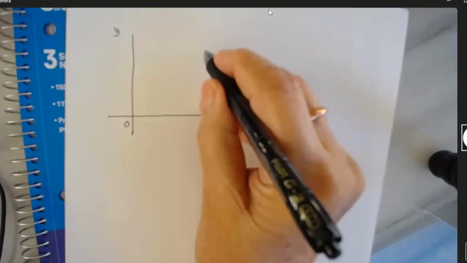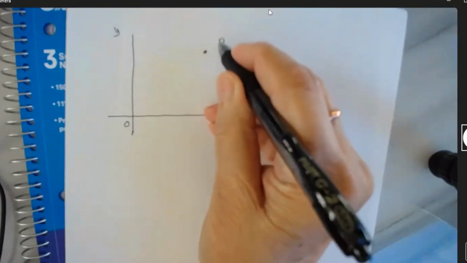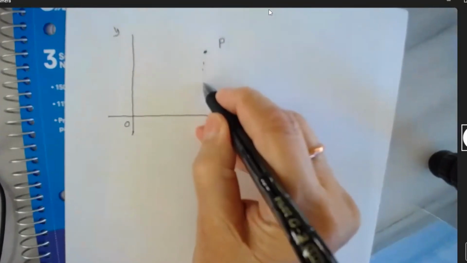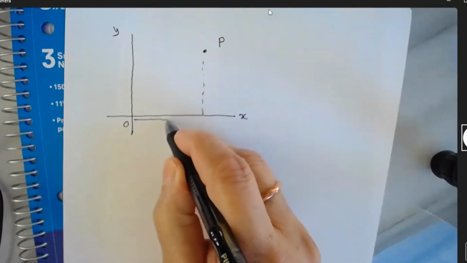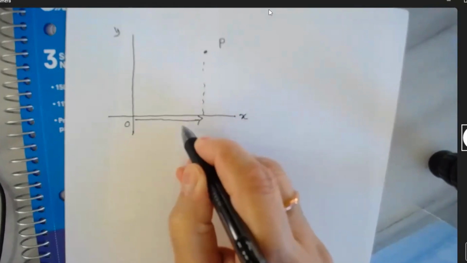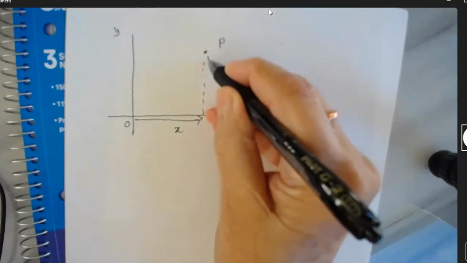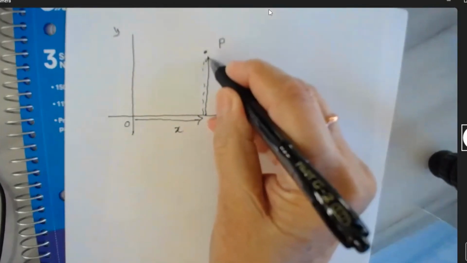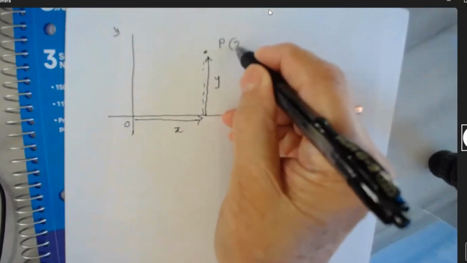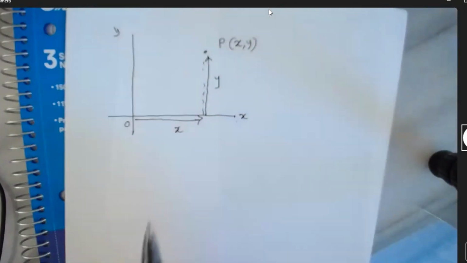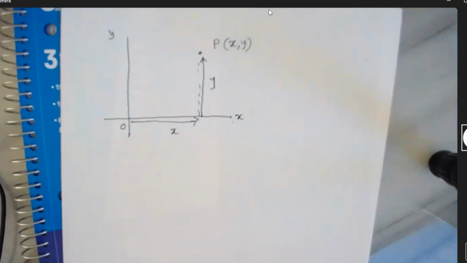The easiest way is to find out how much you have to go along this, which we call x, and how much you have to go along the other perpendicular direction, which we call y. So the two quantities x and y completely specify the location. That you all know from even your early school days.